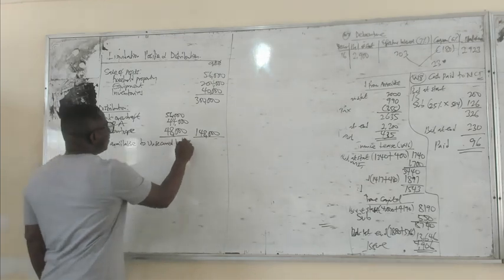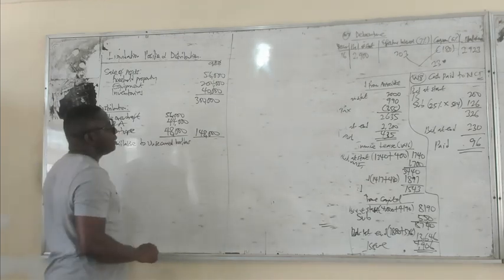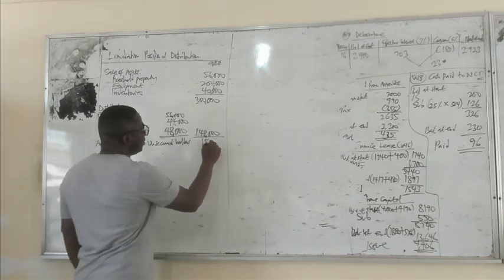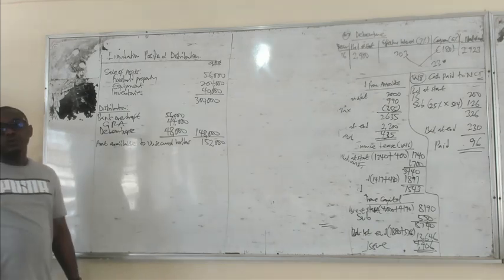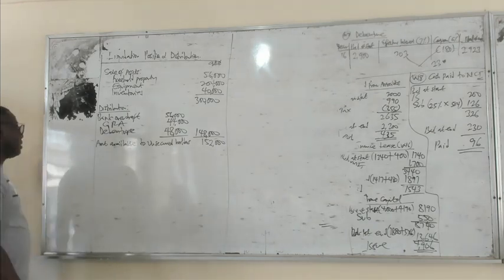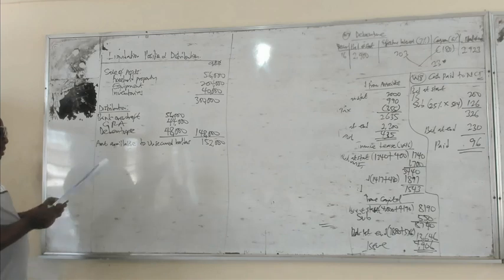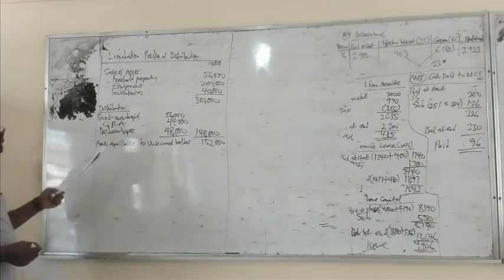So what will be the amount available to them? 153,000. So we're going to use the 153,000 to pay our unsecured debt holders. So let's list them. So we go back to the question and check our payables, people that we're supposed to pay.